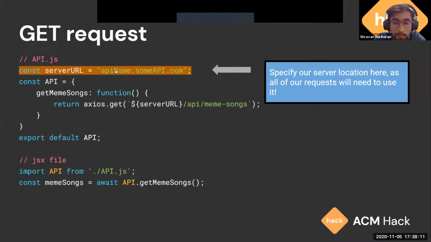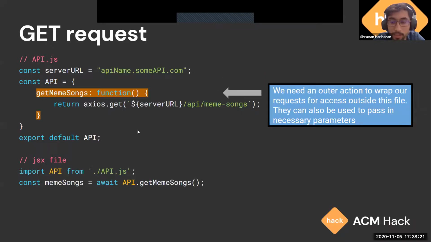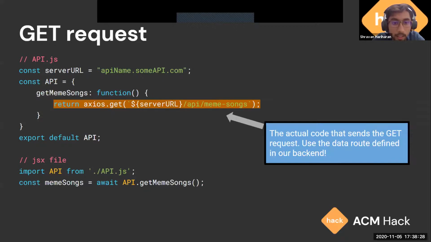To break this down further, we define our URL. We define an API wrapper, kind of like we did with our config in the server, something that we'll be exporting. And we'll define our functions. So we have get meme songs, which would be like get Pokemon or create Pokemon for us. We do axios.get, and then this fancy syntax is like string injection or something.